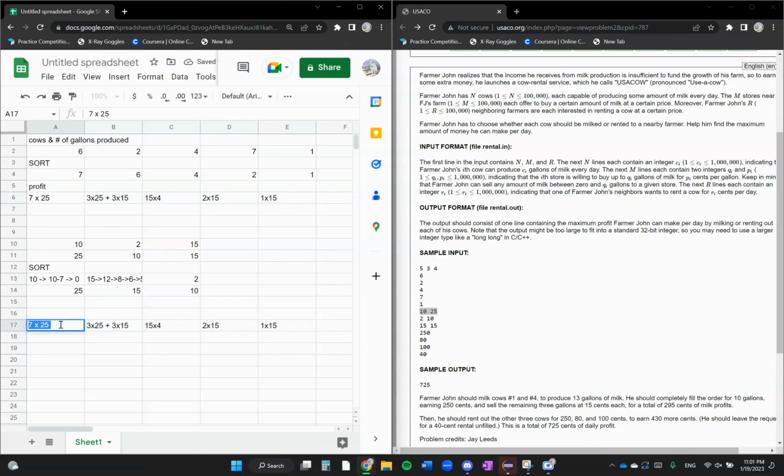And let me work these out. So this 7 times 25. So cow profit. 7 times 25 is 175, I think. Am I wrong? 3 times 25 plus 3 times 15 is 75 plus 45, which is going to be 120, I believe.